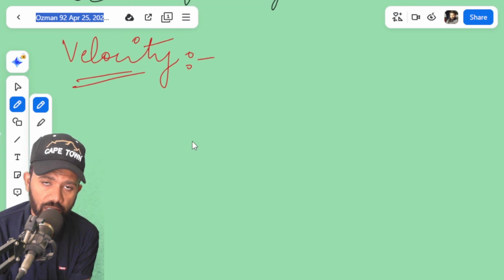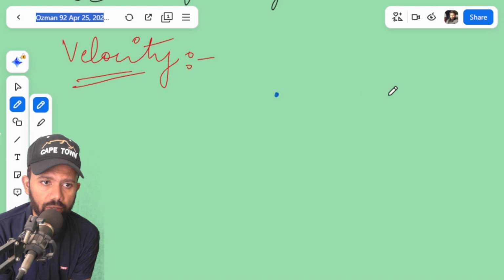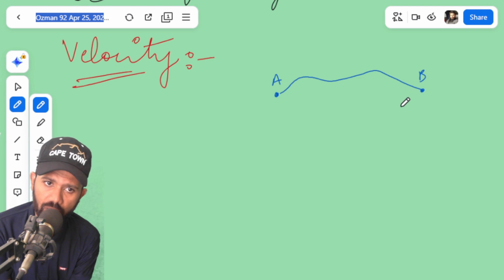Now, velocity. In the first case we discussed, if you want to travel from one point to the other, like this point is A and this point is B, you cover a distance like this by changing direction.